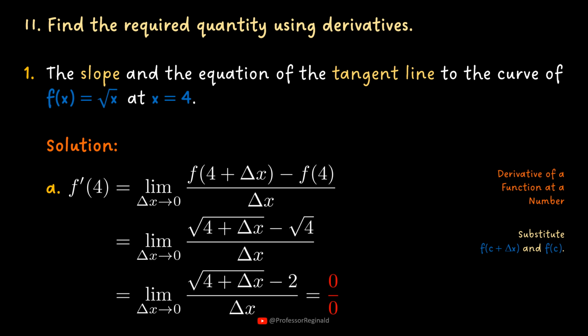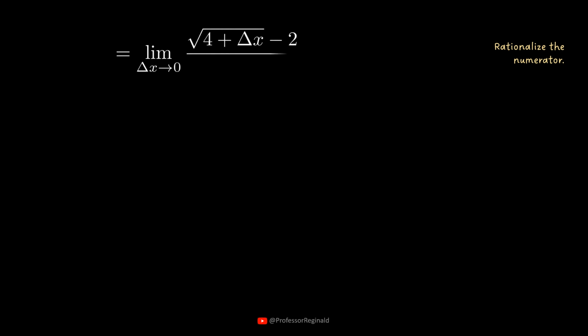The answer is an indeterminate form of type 0 over 0 which does not provide any information about the limit. Next, rewrite the limit expression by rationalizing the numerator. Multiply the numerator and the denominator by the conjugate of the numerator.